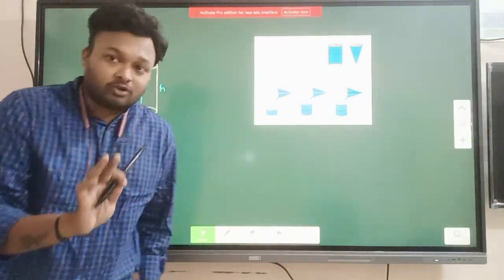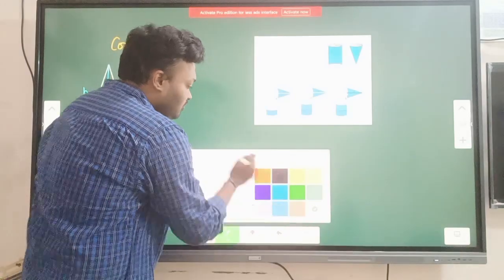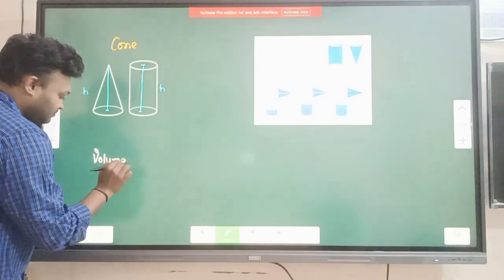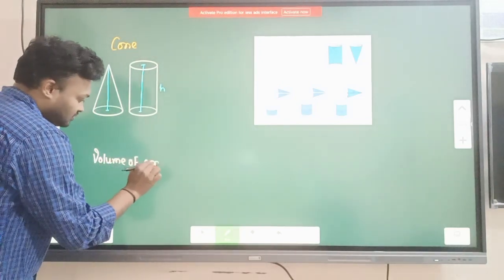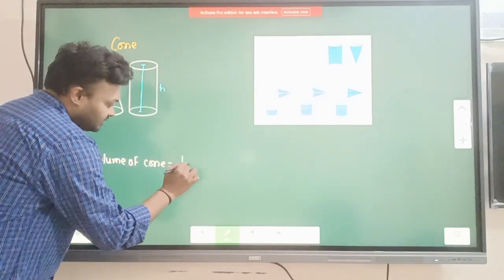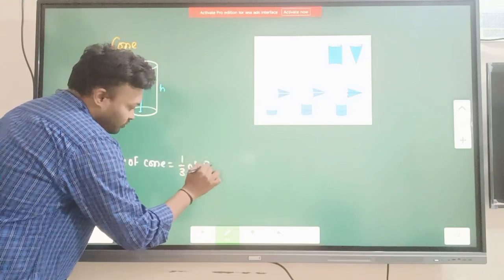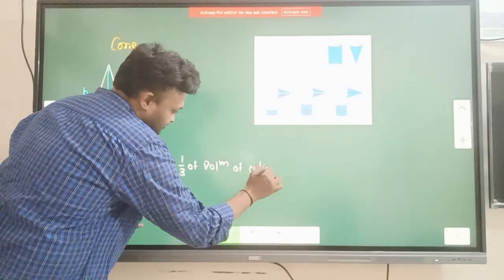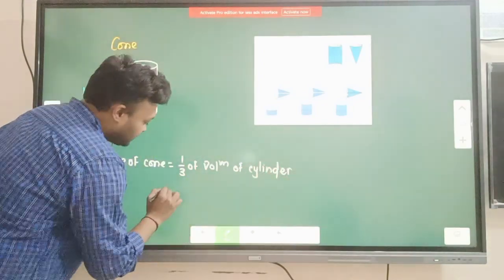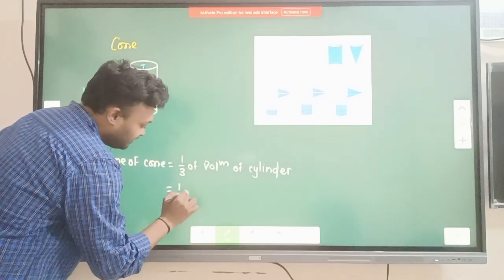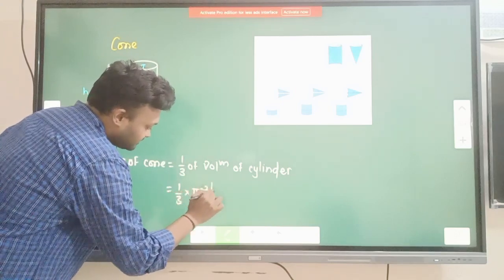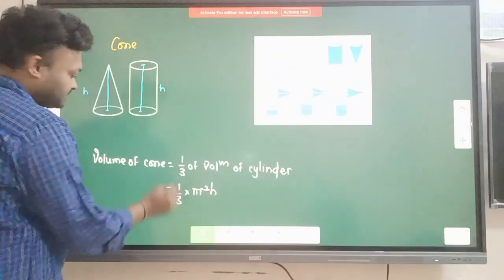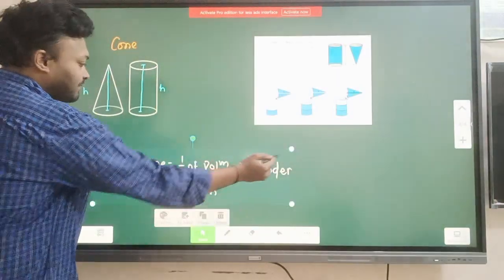That means it is quite obvious that the volume of the cone will be 1/3 of the volume of the cylinder. Now we have just learned the volume of a cylinder. It is pi r square h. So the volume of a cone will be 1/3 pi r square h. So one part is over.